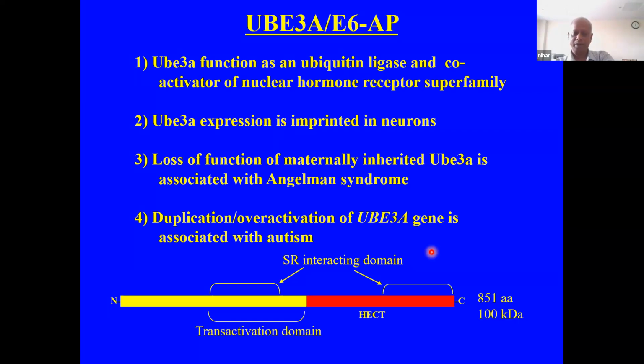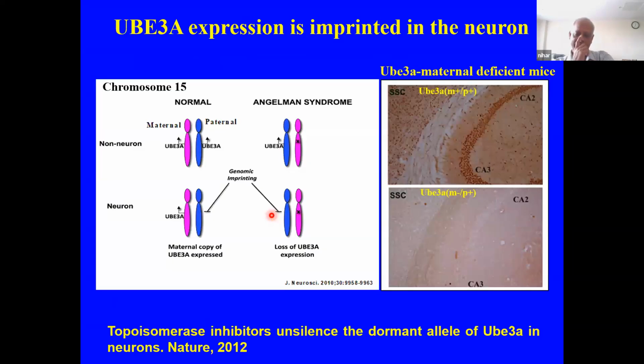Now I want to take you to the second point, the imprinted part, and taking advantage of neuronal imprinting, if you think about Ube3a maternal deficient mice, typically the Ube3a is expressed in the hippocampal area of our brain.